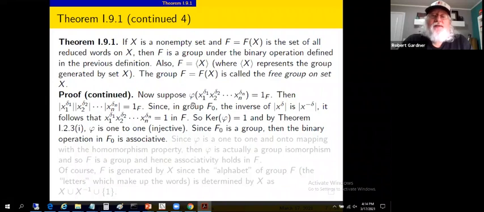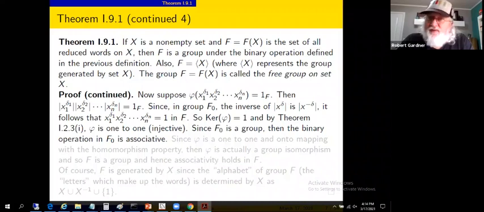Let's look at something which is mapped by phi to the identity. We're trying to set up a group isomorphism here. If we have a one-to-one and onto homomorphism, we know we have a group isomorphism, and that's how we're going to get associativity in this alleged group f, or f of x.